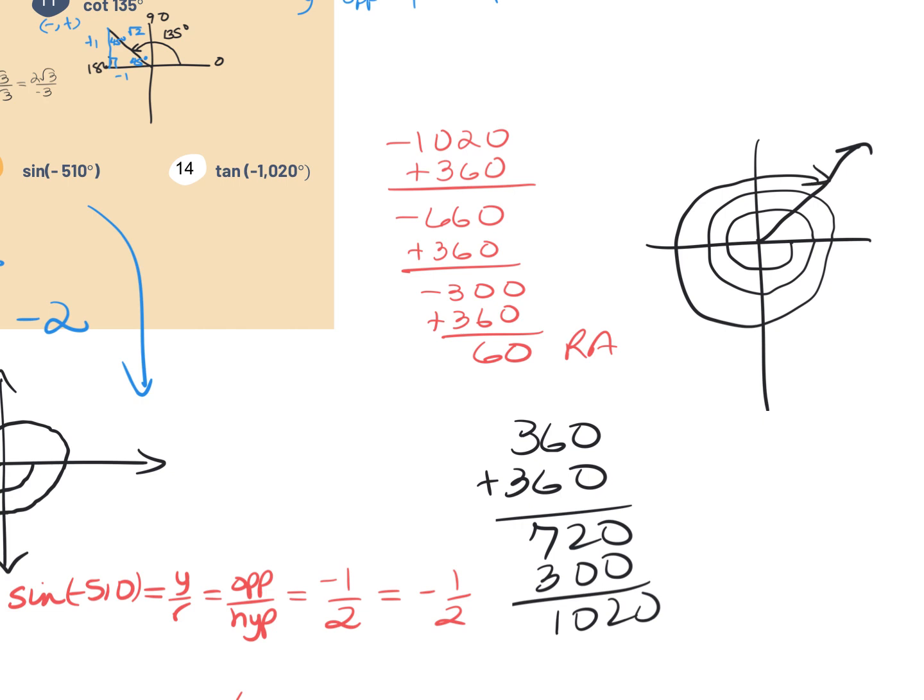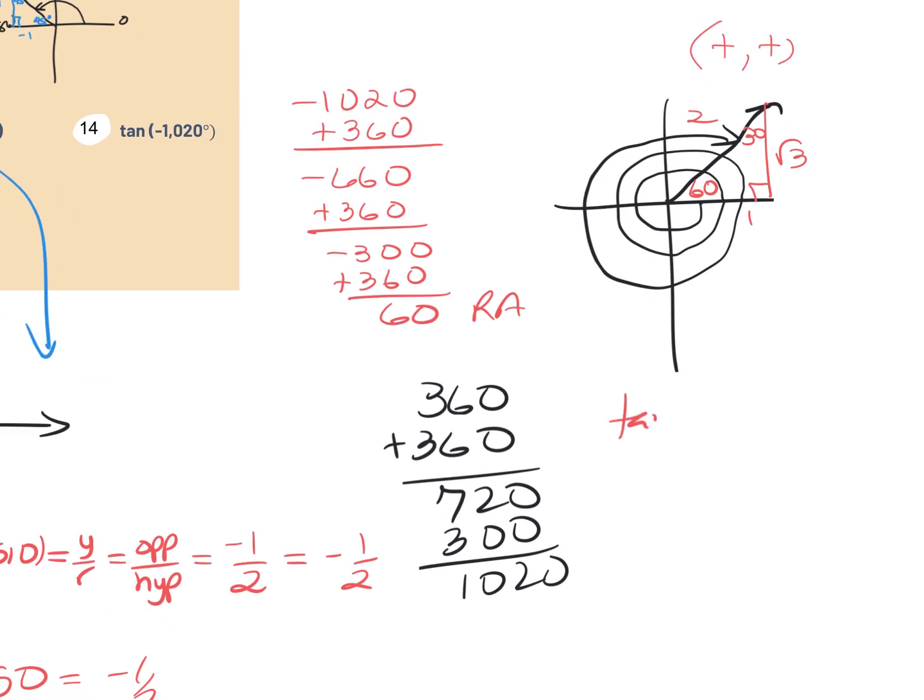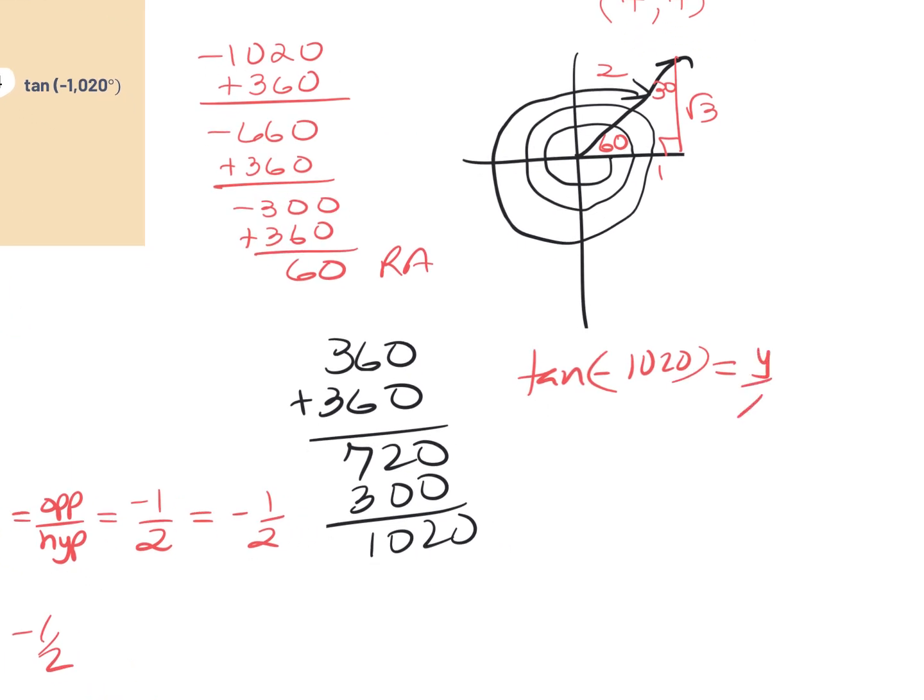And again, my reference angle is going to be the 60, and 30's up here. Root 3, across from the 30 is going to be 1, and then the hypotenuse is 2. And signs in quadrant 1, positive, positive. So now tangent of negative 1020, either y over x or your TOA, opposite over adjacent.